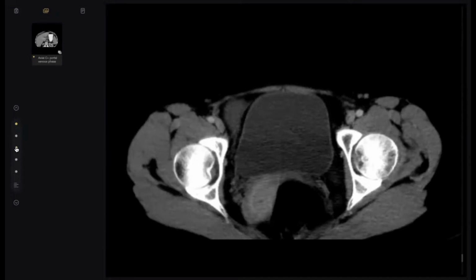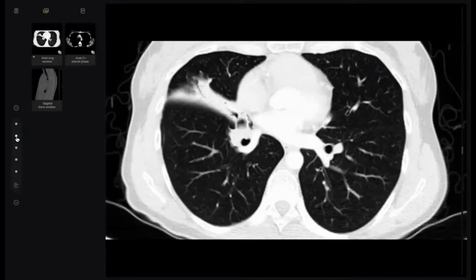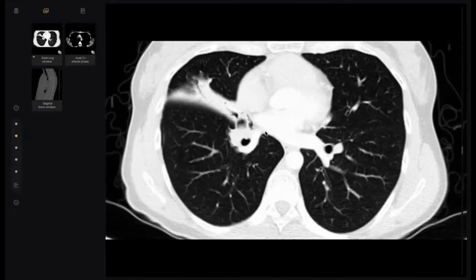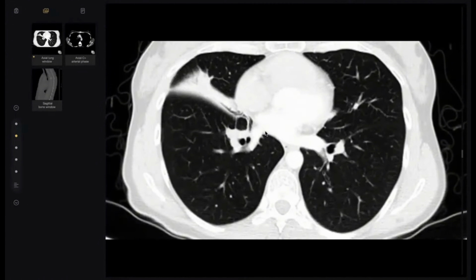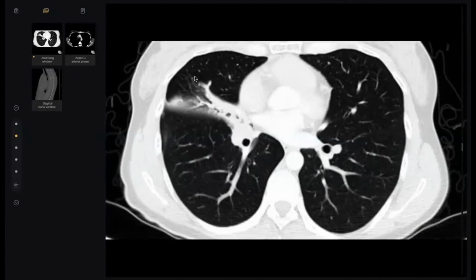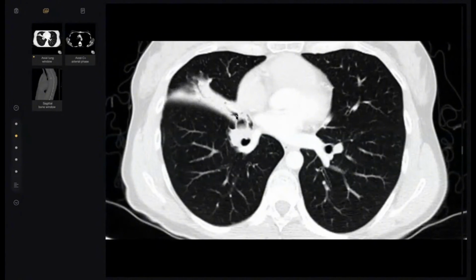Then at chest CT there is also abnormality, but till now no conclusive finding. This is just a collapsed lateral segment of the middle lobe, with some bronchiectatic change, nothing specific.